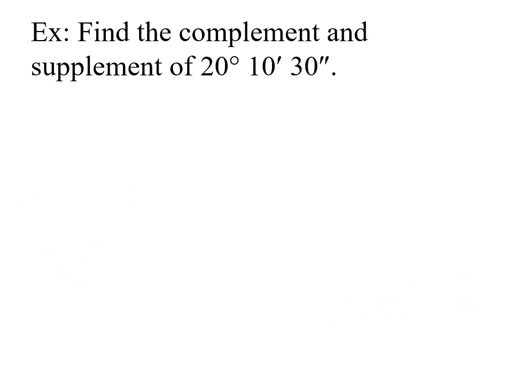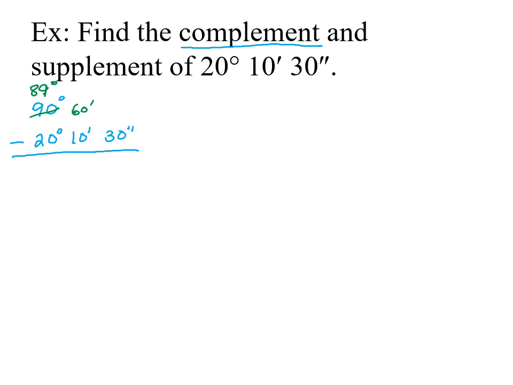Okay, we talked about complement and supplement a little bit earlier, but we didn't do it with minutes and seconds, so I thought I'd show you one to do with minutes and seconds. So if I do the complement, that means I do 90 minus the angle, so minus 20 degrees, 10 minutes and 30 seconds. Again, you can borrow here. The 90 I would turn into 89, and you would get 60 minutes.